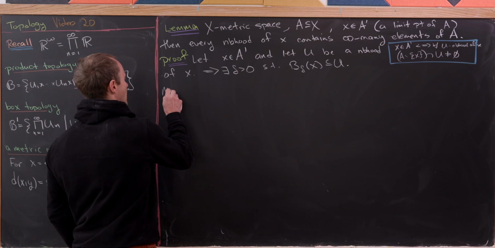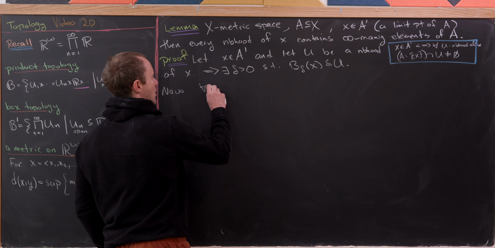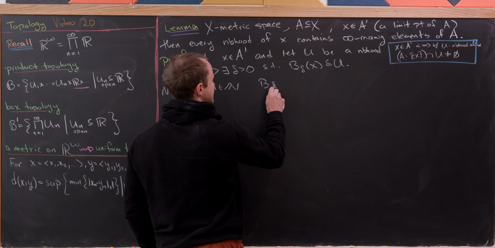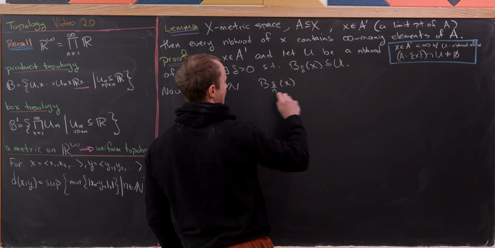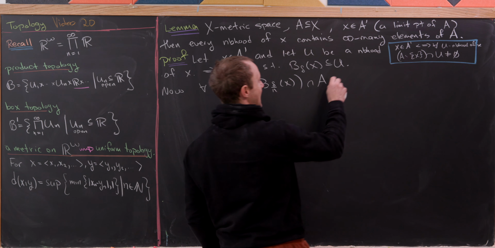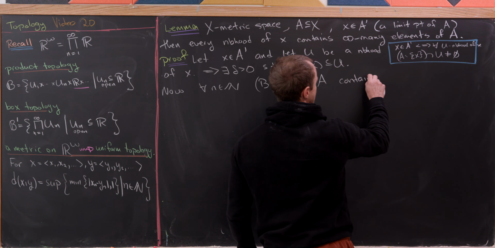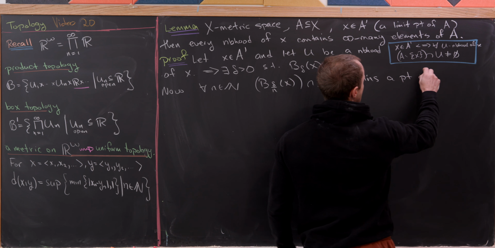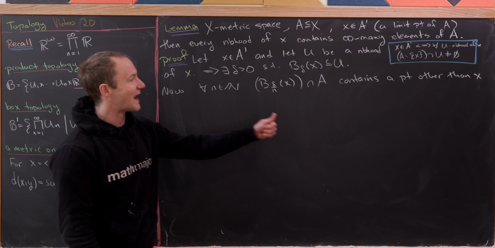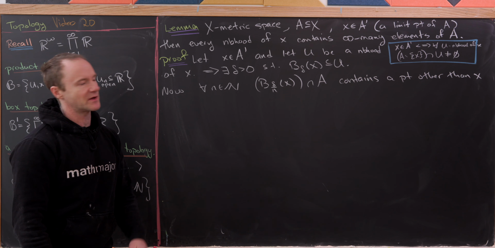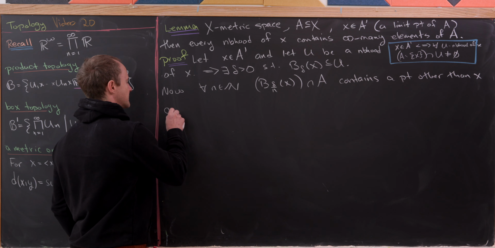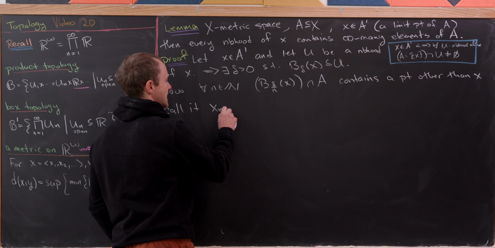But now let's observe that for all natural numbers n, the ball of radius delta over n centered at x intersected with A contains a point other than x. And that's by the definition of a limit point up there, because x is a limit point of A. And so let's call it x_n.